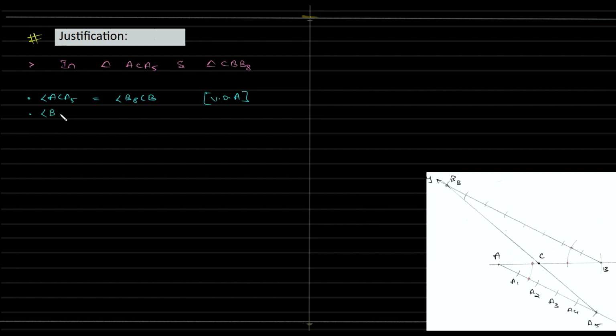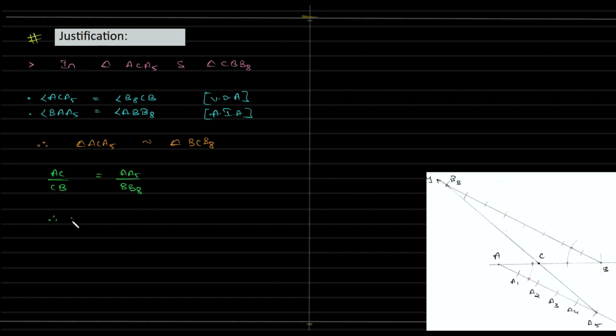Then BAA5 is equal to ABB8, alternate interior angles, and therefore triangle ACA5 is similar to triangle BCB8, and so we have AC by CB is equal to AA5 divided by BB8.